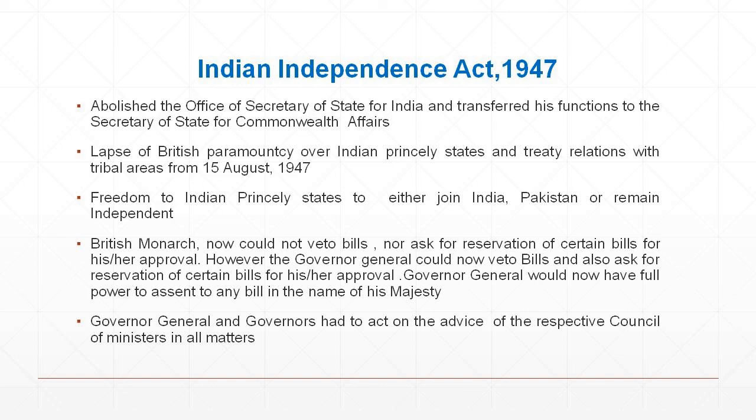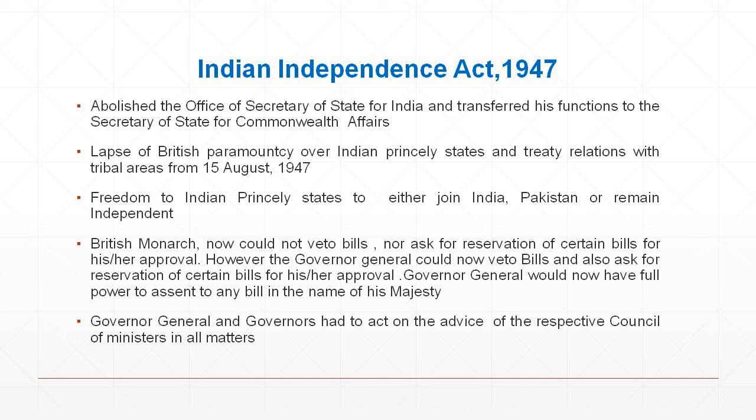Let's read the point again. It provided for the governance of each of the dominions and the provinces by the Government of India Act of 1935 till the new constitutions were framed. The dominions were, however, authorized to make modifications in the Act. Say the Constituent Assembly does not like the Government of India Act of 1935, they can say that we will not have the Government of India Act, we will have the Switzerland Constitution till then.